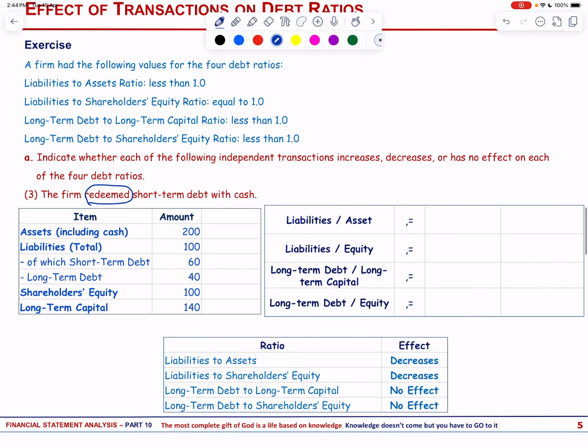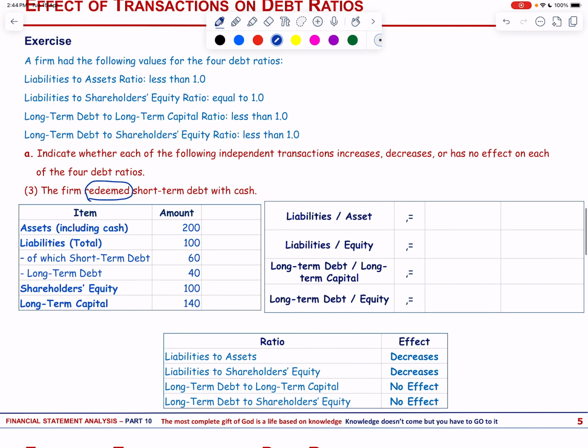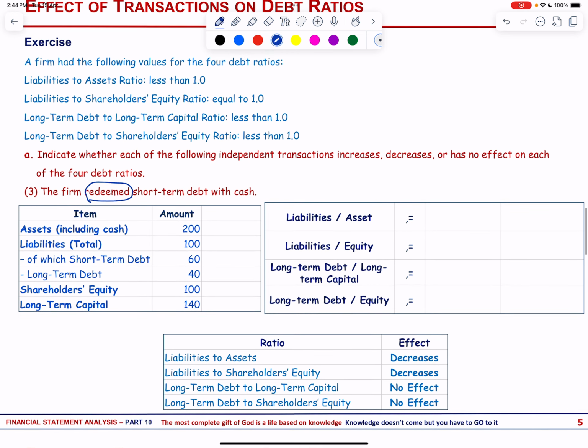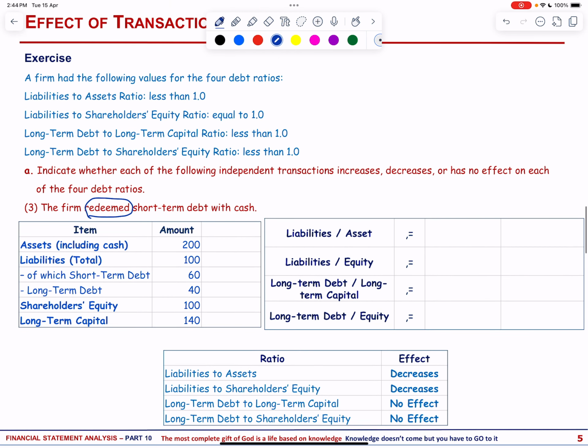So once again, we are going to start with the assumed values. We have the assets, including cash, of 200. We have the liabilities of 100. Short-term debt is 60, and the long-term debt is 40. And the long-term capital will be 40 plus 100, that is 140. So once again, we calculate the ratios.